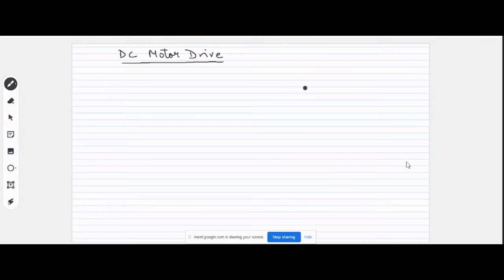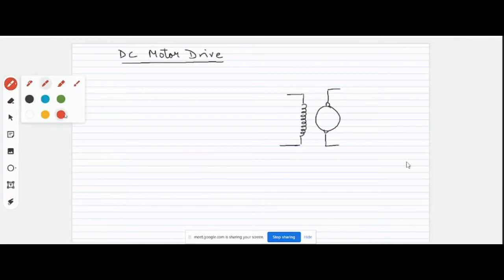Suppose we are having a DC motor. I think everybody knows the symbol of the DC motor. How do we symbolize it? We symbolize it with two circuits: one the field circuit, the other the armature circuit, right? This is the symbol of a DC motor. Yes or no? Yes, sir.